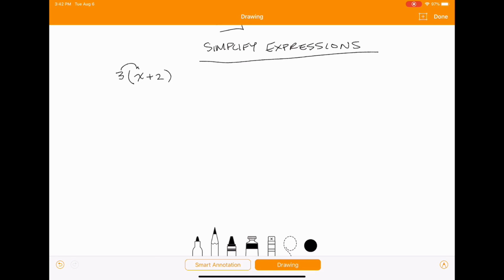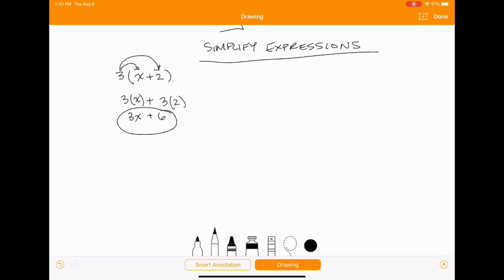So again, you're going to come in here and do that operation there. So 3 times x plus that there, 3 times a positive 2. So 3 times x, you're just going to get 3x plus 3 times 2 is 6. And that would be the simplified form of that expression.